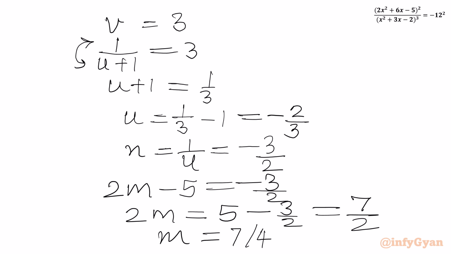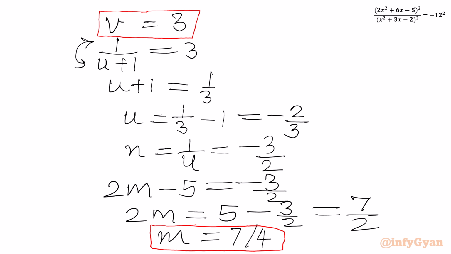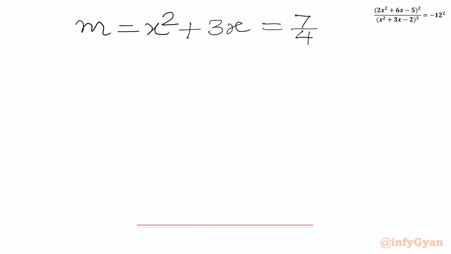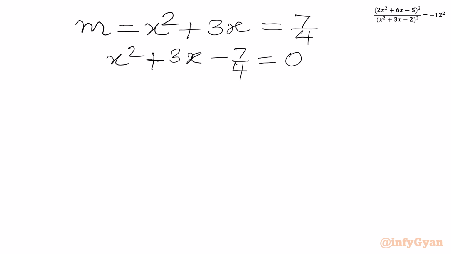Now m was x square plus 3x. So m is 7 over 4. Now I will put the value of m as x square plus 3x. Here it is. Now I will take all the terms to one side. So x square plus 3x minus 7 over 4 equal to 0.